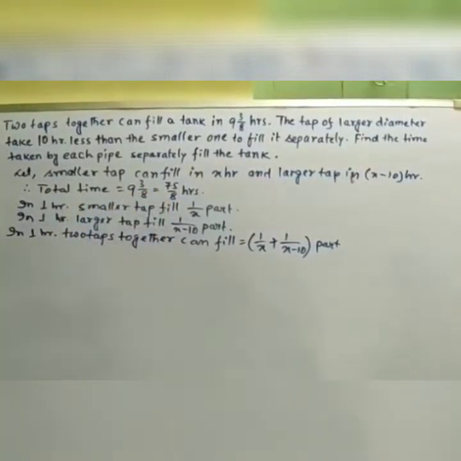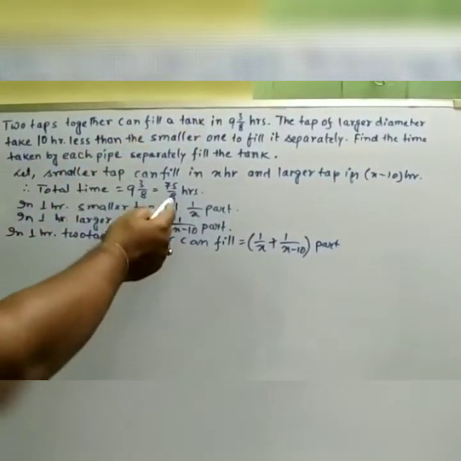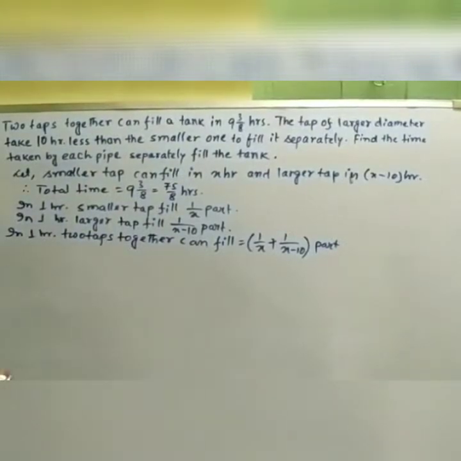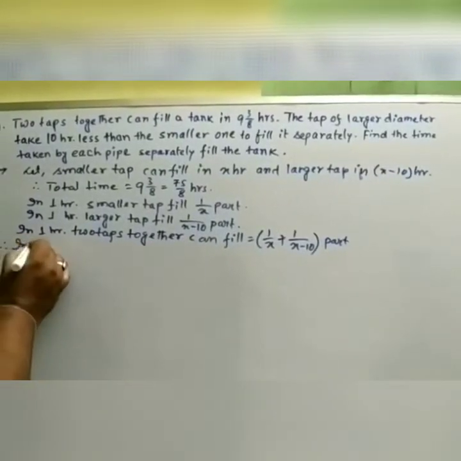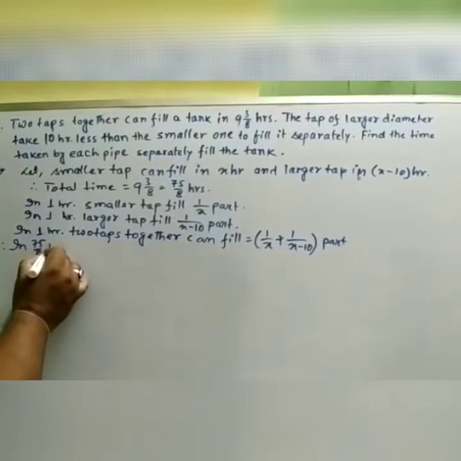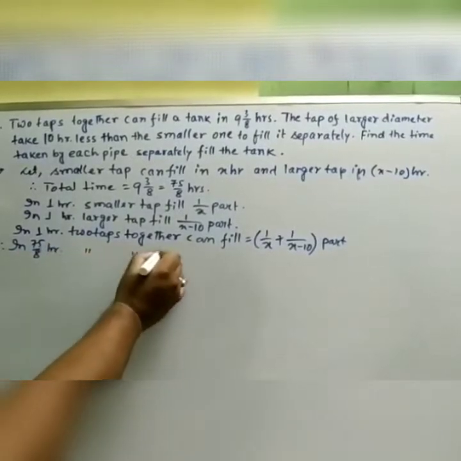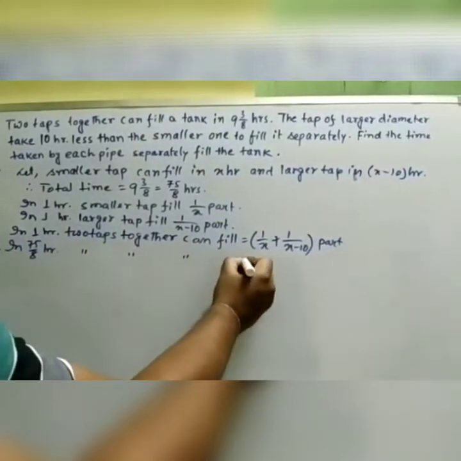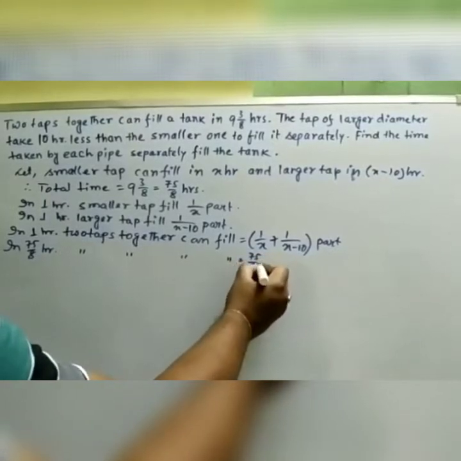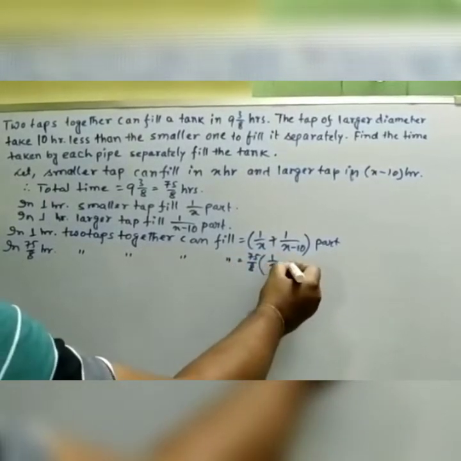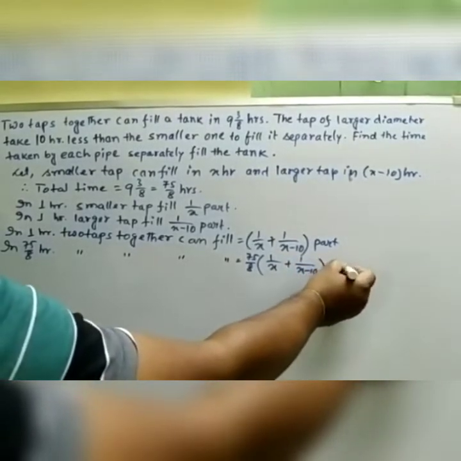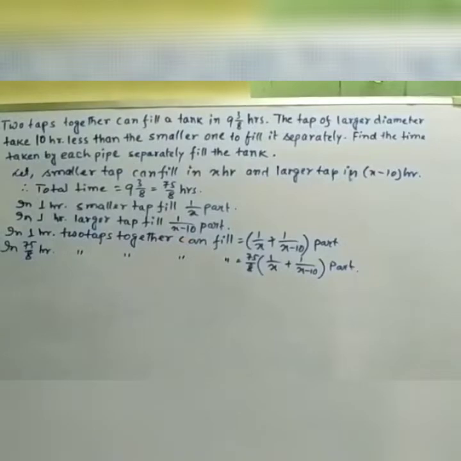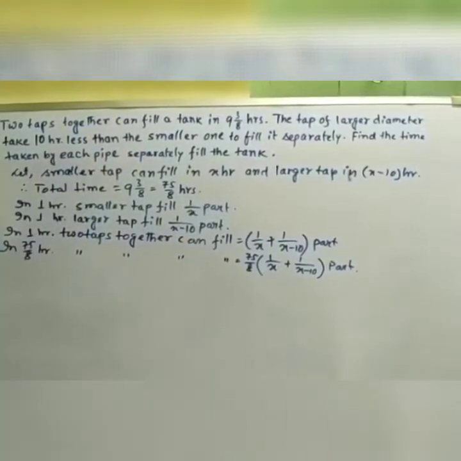Okay, so let us take the whole time, because both the taps can take 75 by 8 hours to fill the whole tank. So in 75 by 8 hours, the two taps together can fill 75 by 8 into 1 by x plus 1 by x minus 10 part, and this is the total complete fill, so that is equal to 1 part.